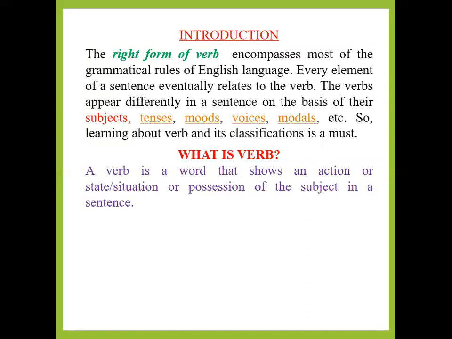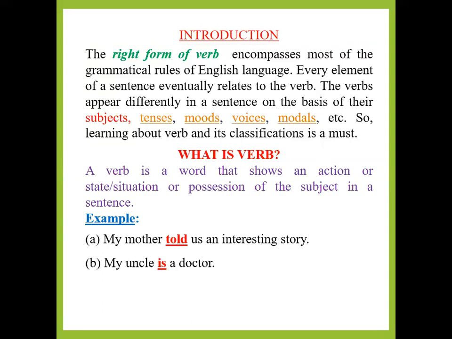A verb is a word that shows an action or state, situation, or position of the subject in a sentence. For example, my mother told us an interesting story. In this sentence, told is verb that tells us the action of the subject, my mother.